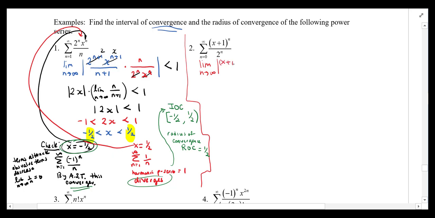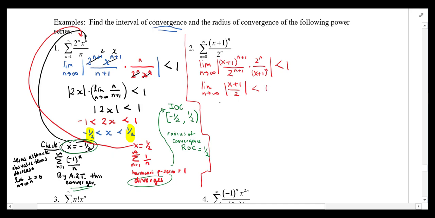|x+1|^(n+1)/2^(n+1) times 2^n/|x+1|^n, less than 1. |x+1|/2 is what we have left over after all that stuff.